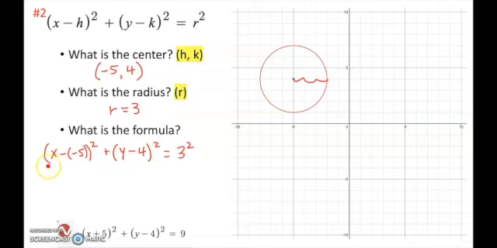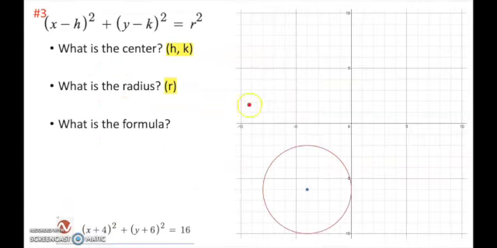Let's rewrite this equation. X minus a -5 becomes x plus 5 squared, and our y minus 4 squared stays the same, and we can rewrite our 3 squared as 9. So here we have our equation of this circle.